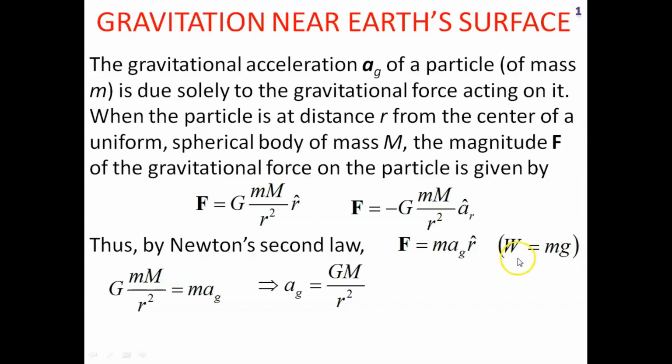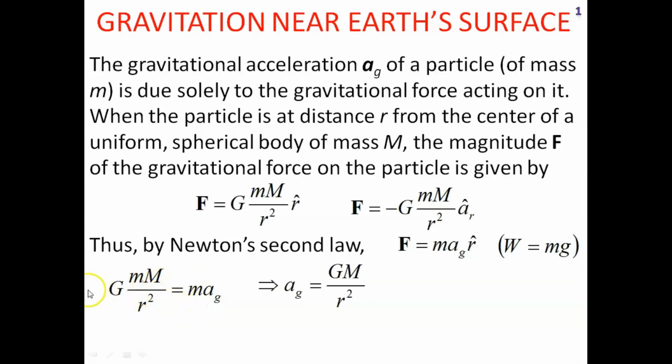Now weight is mass into acceleration due to gravity. So this is a scalar form of the equation, and we have now two equations to compare, which are force in fact, one by Newton's law of gravitation and one by Newton's second law of motion. So GMm upon r square is equal to mg, that is, acceleration due to gravity.